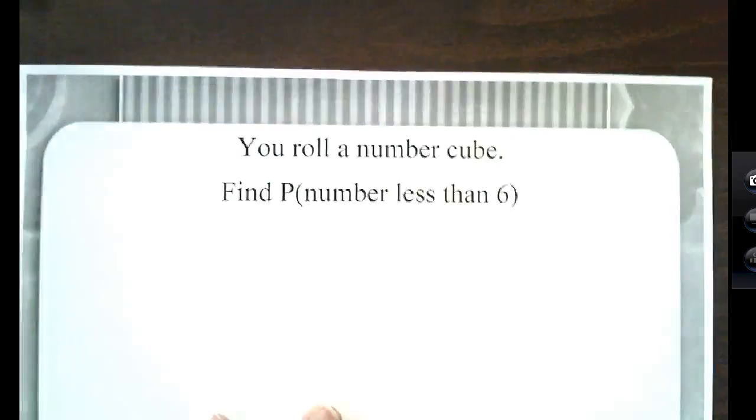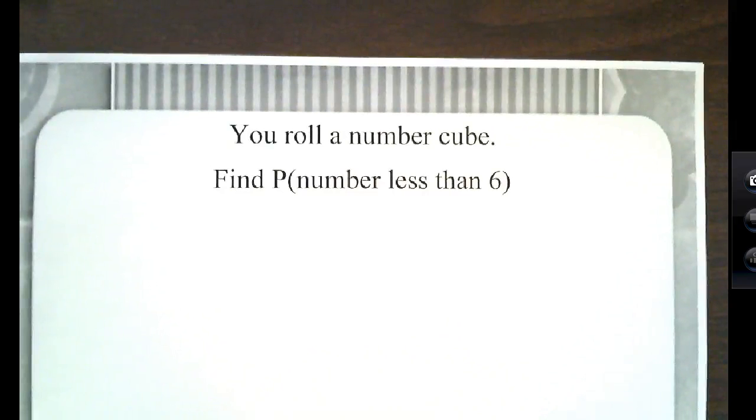All right, probability. I'm going to give you 30 seconds to do this question here before we go over it. All right, final answer in 5, 4.